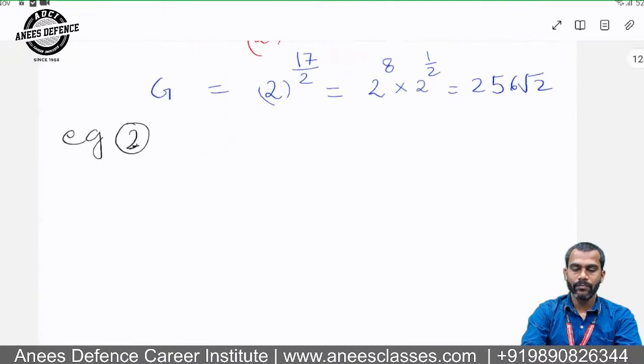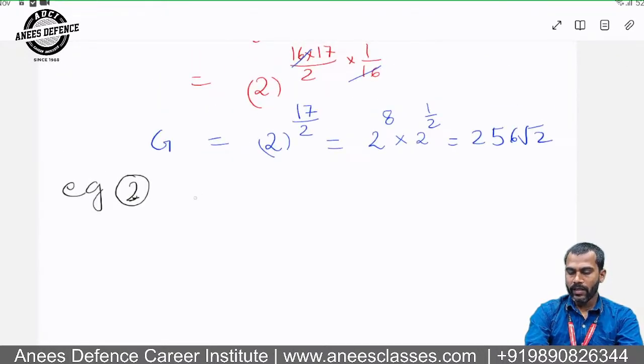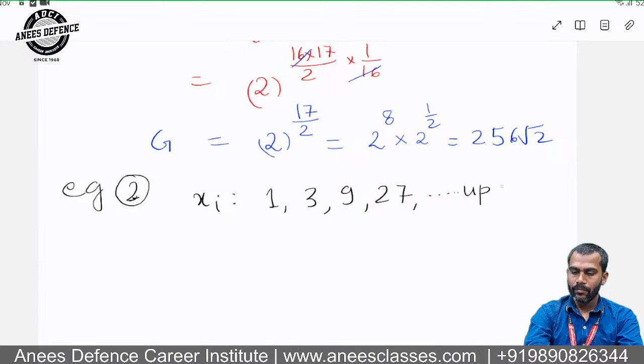Suppose we have xi: 1, 3, 9, 27, up to again 16 terms.